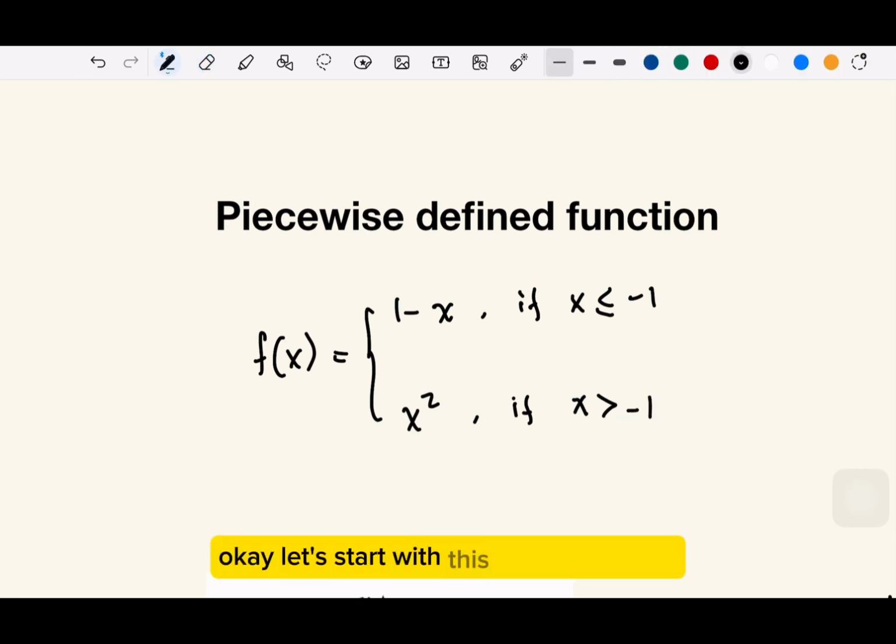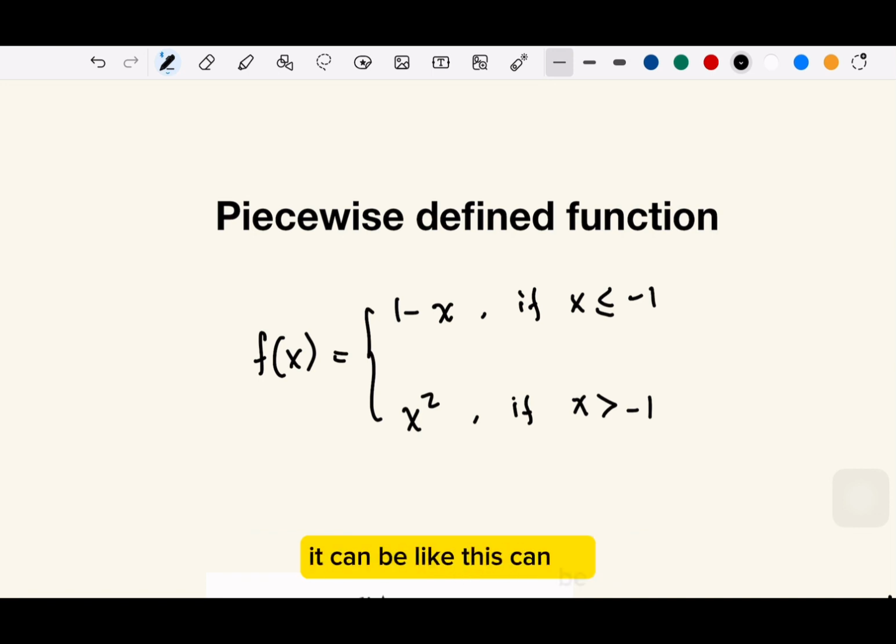Let's start with this type of function, which we call the piecewise defined function. Which means one function can be described by many equations, not only two, maybe 3, 4, 5. And they will have different intervals, and different variations of these equations.